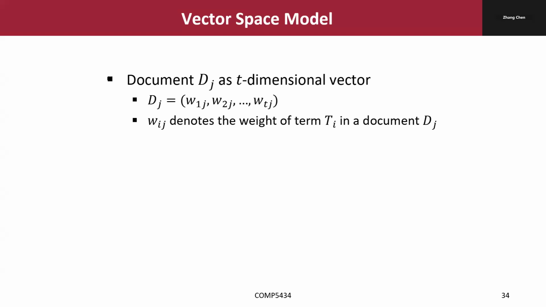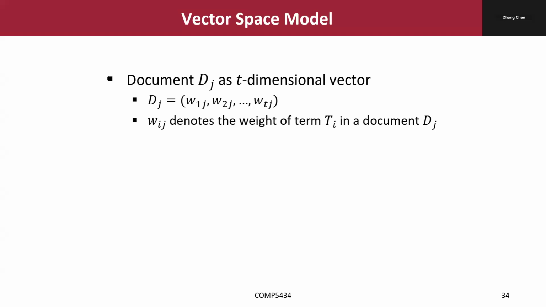Because all the documents use the same vocabulary, the vectors have the same length. That means we can use this representation to compare different documents.